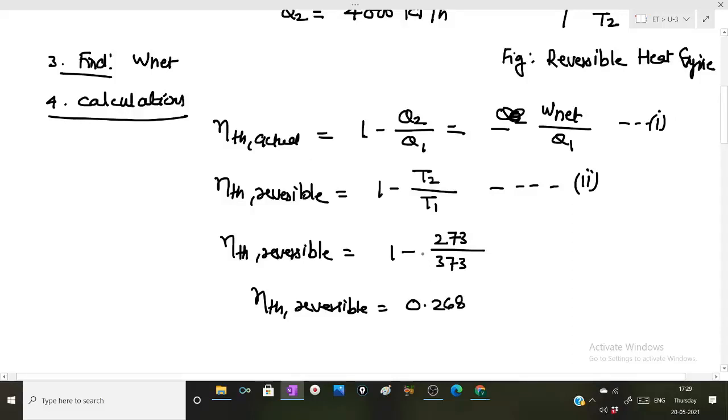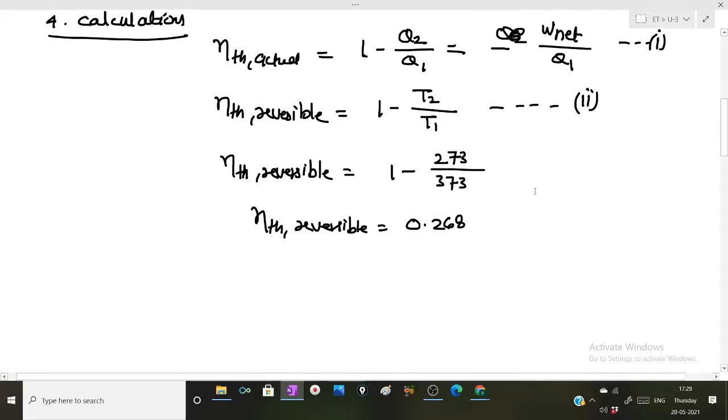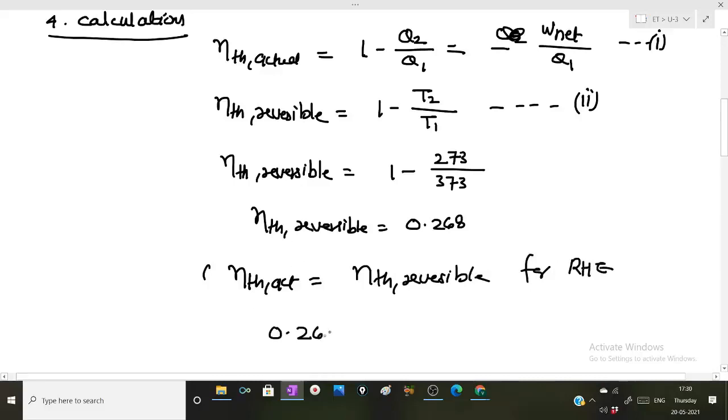So from eta thermal actual equal to eta thermal reversible for the reversible heat engine, 0.268 is equal to 1 minus Q2, whose value is given to us as 4000 kilojoule per hour, over Q1.